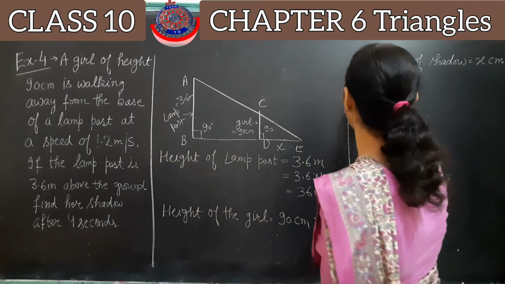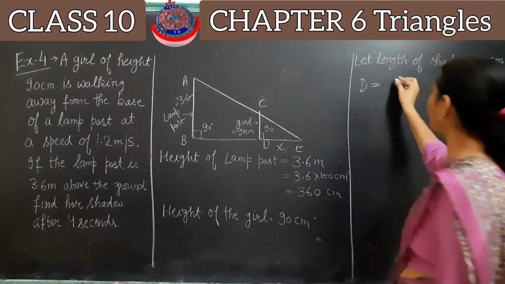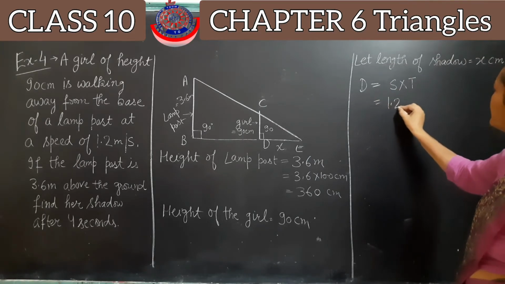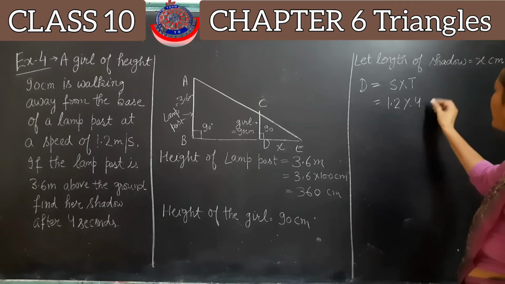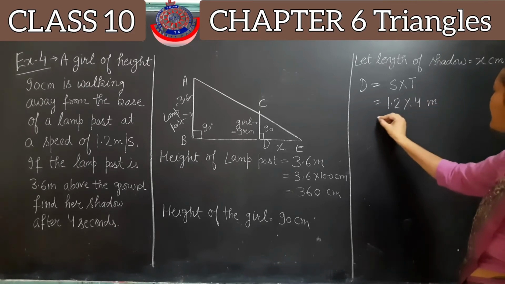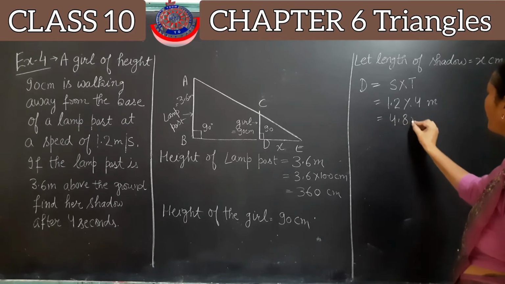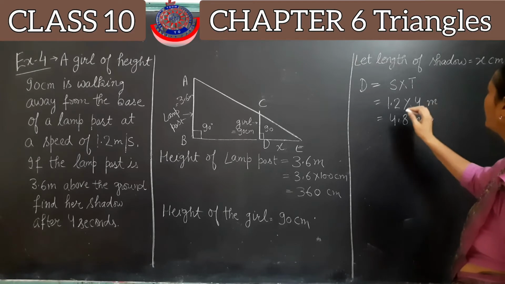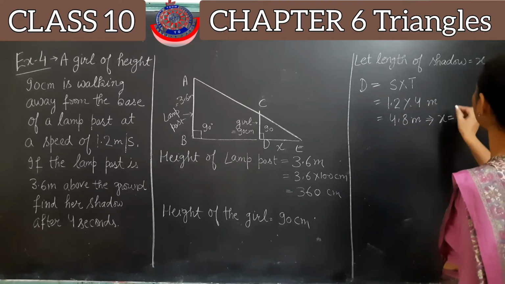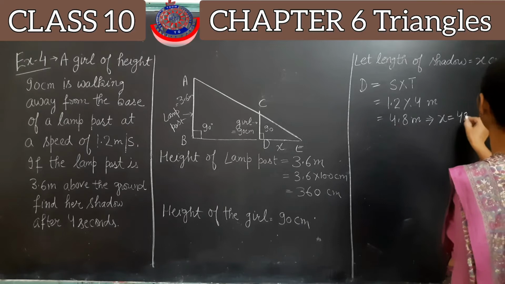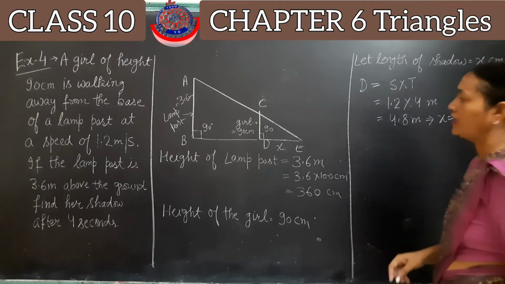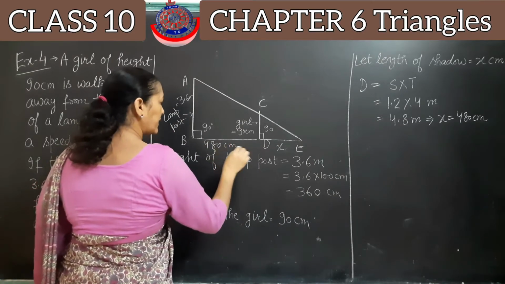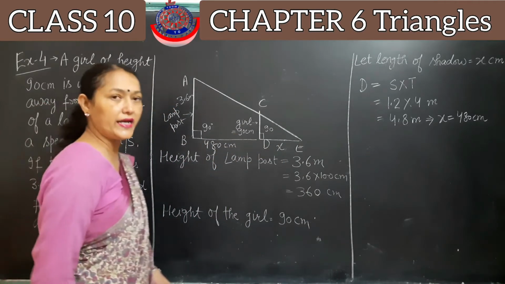So by the formula of distance equals speed into time, 1.2 into 4, we will be getting this distance as 4.8 meters. 4.8 meters means this distance is 480 centimeter. So this distance we have calculated 480 centimeter. This distance DE we have taken x.